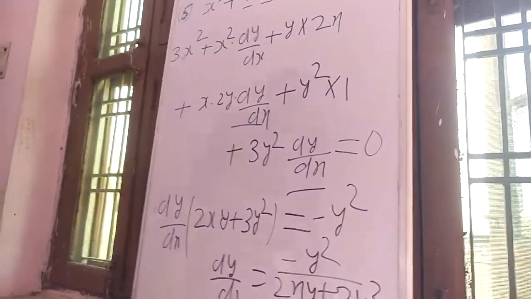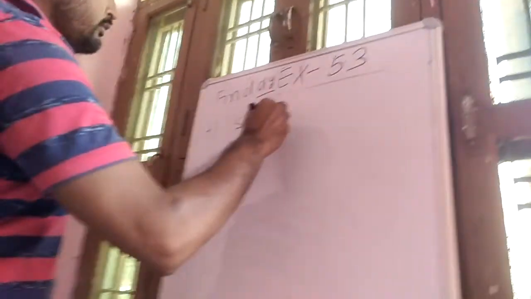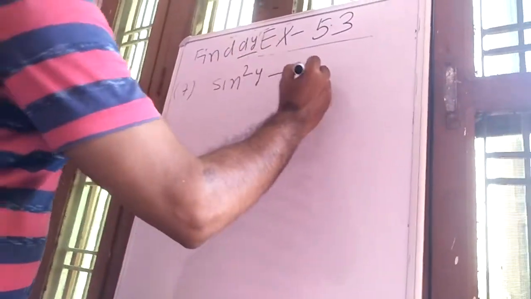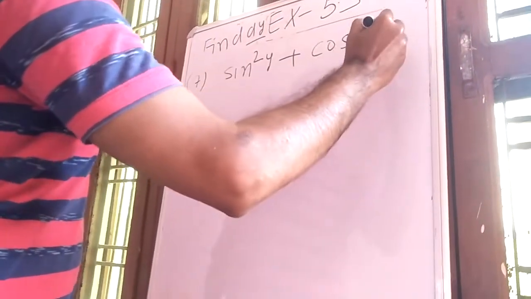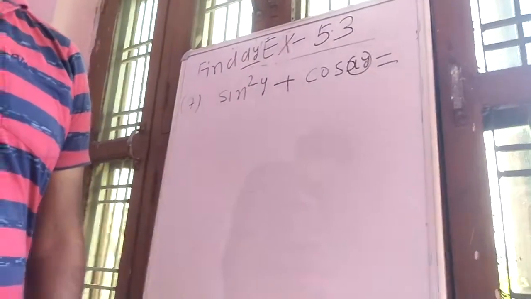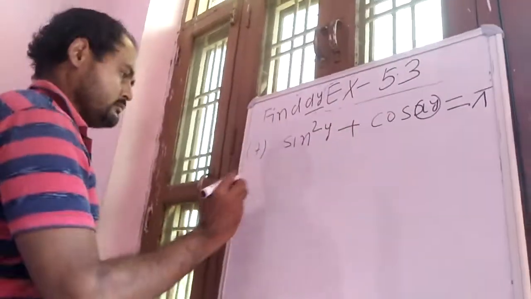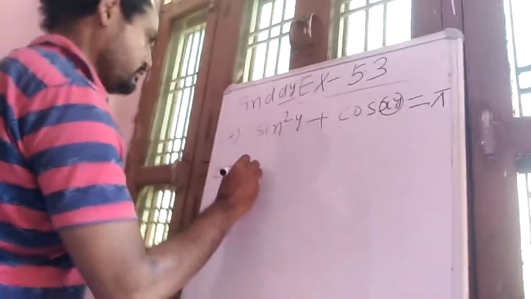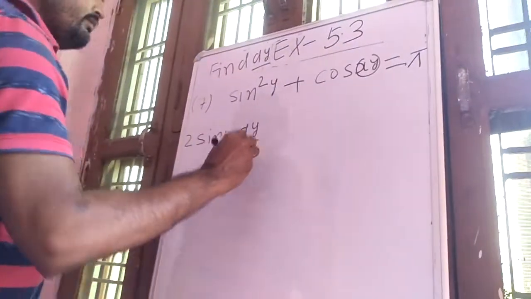Okay, next question. Sin square y, we have to see clearly: first term is sin square y, second term is cos xy, this is the angle, equal to pi. So we have 2 sin y into dy by dx.